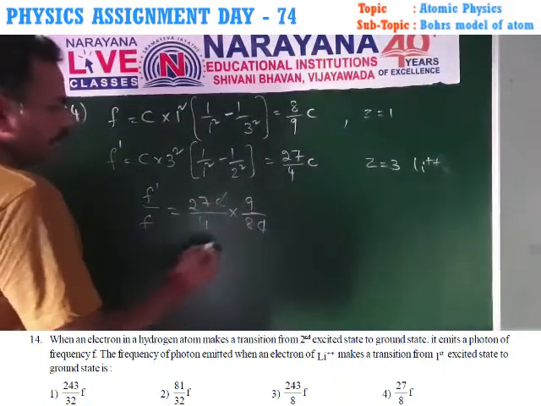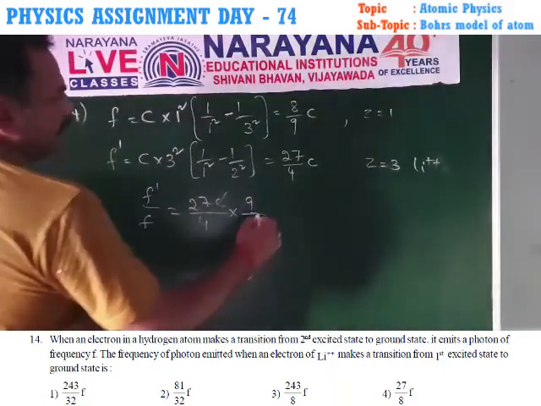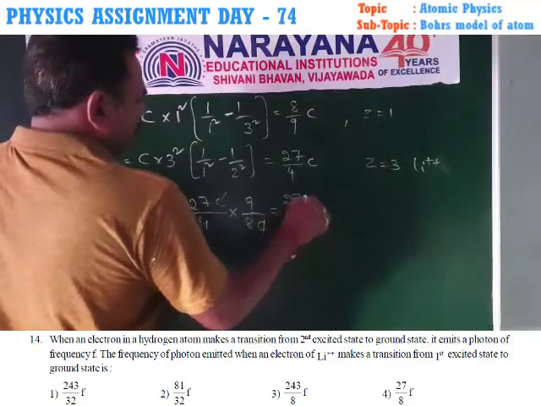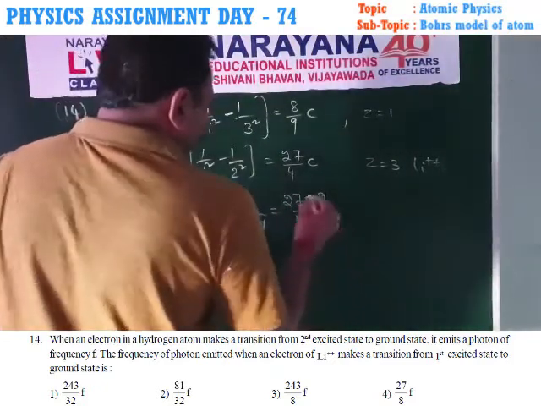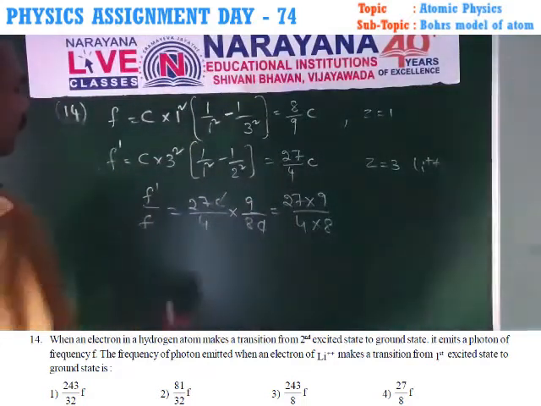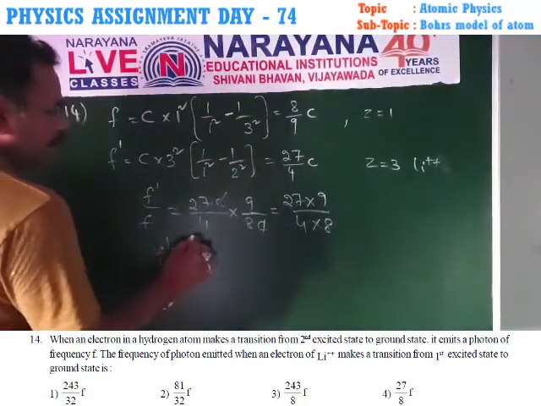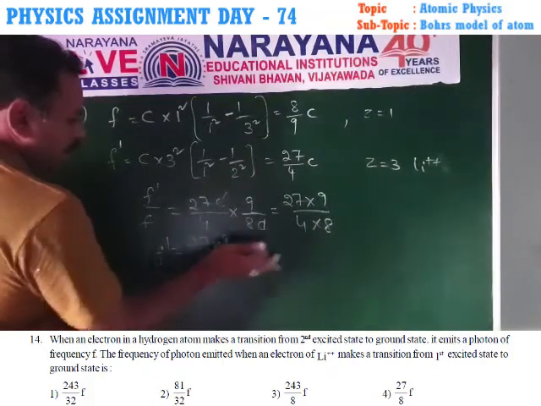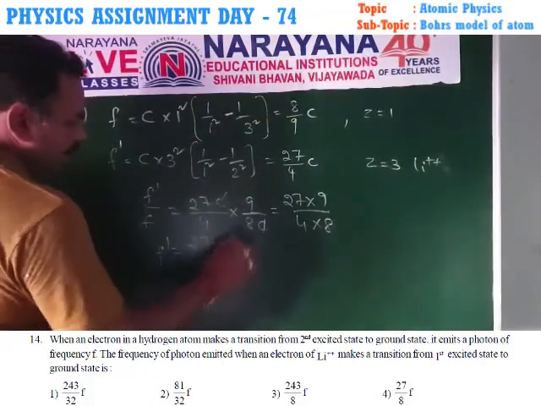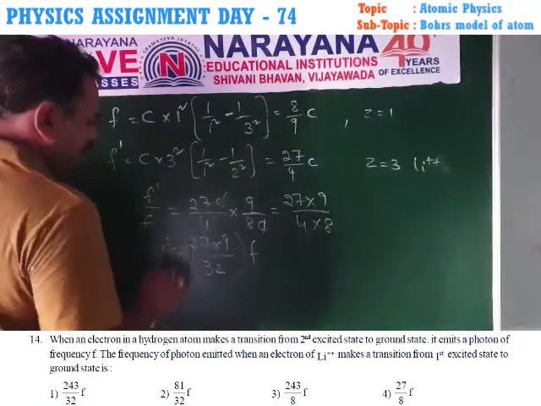So now on calculating it, 27 into 8 by 4 into 9. Therefore, F dash is equal to 27 into 8 by 4 into 9 of F frequency.